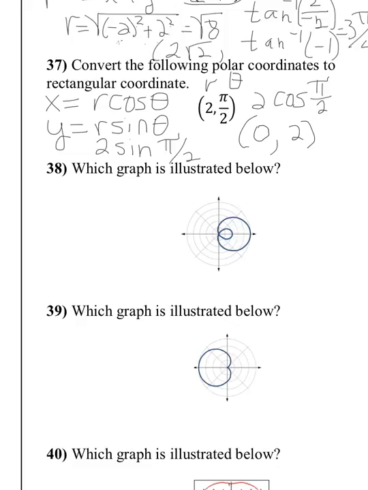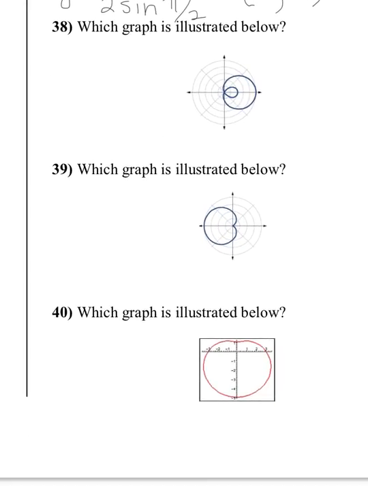All right, for the last 3 problems, it's very, very easy, just identifying these graphs. And let me bring it up a little bit here. Okay, so which graph is illustrated? Well, the easy part about this is that these are all limaçons.